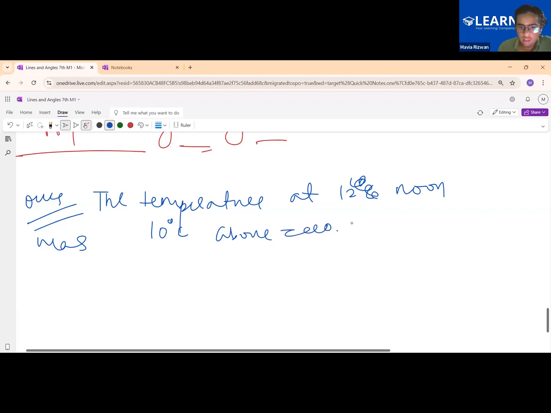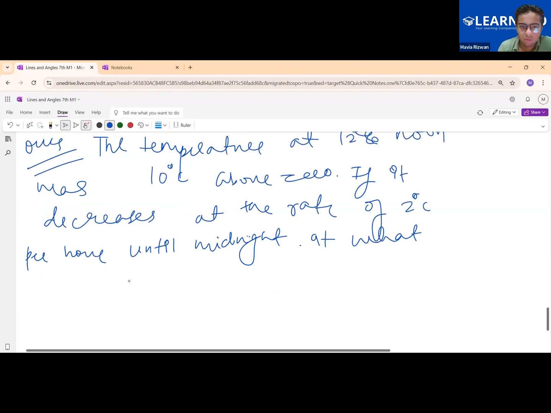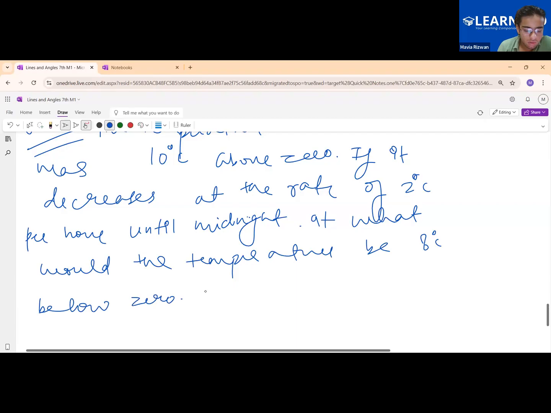If it decreases at the rate of 2 degrees Celsius per hour until midnight, at what time would the temperature be 8 degrees Celsius below zero? Temperature at midnight.